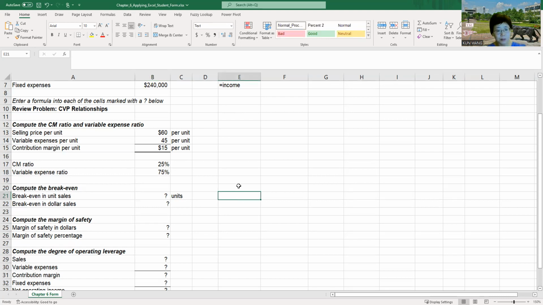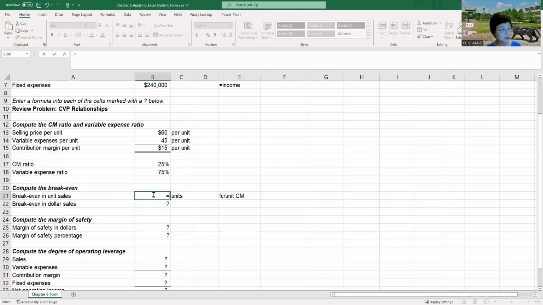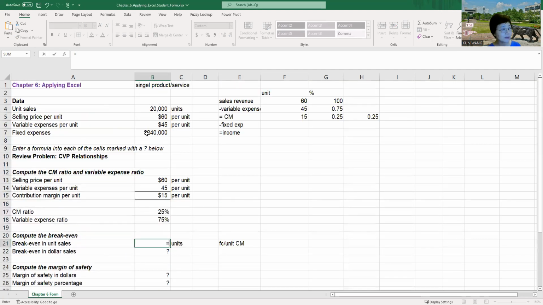Okay, I can quickly put it here. Fixed cost divided by unit CM. Fixed cost, unit contribution margin. Then I just plug in. I already have those numbers in my background. So break even point, my total fixed expense, 240,000.